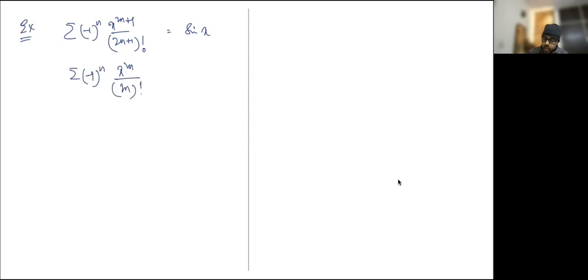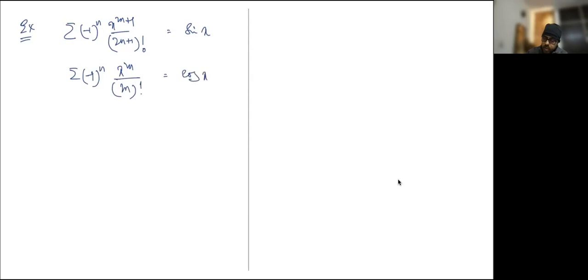Now, similarly, we have seen that this series converges, and the sum we had denoted by sin x. And similarly, this series, we had denoted the sum. This again converges absolutely on the entire real line.